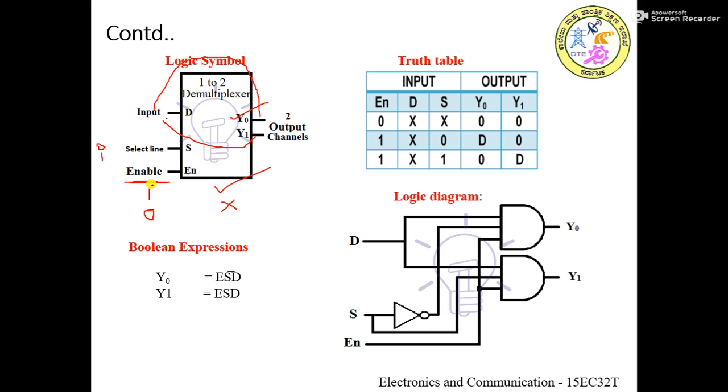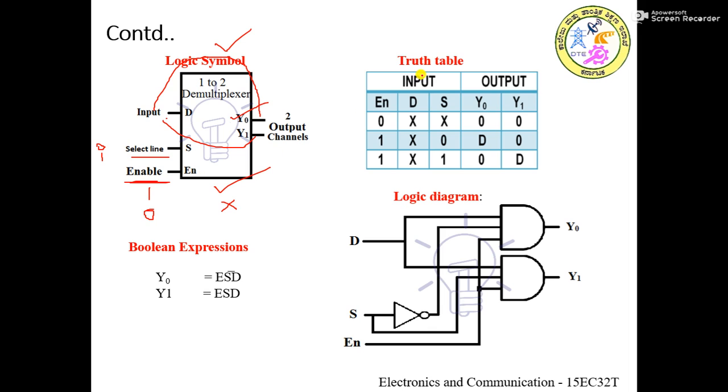If the enable pin is made 0 and the logic system is disabled, then the content of selection lines doesn't make any effect on selection on the output lines. So total outputs will be 0. To get the functionality of this logic system, we should compulsorily give an input 1, or active high input, to the enable pin.